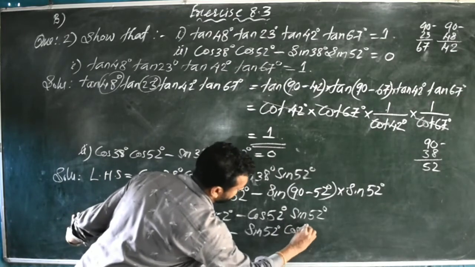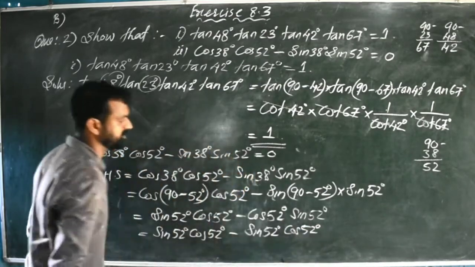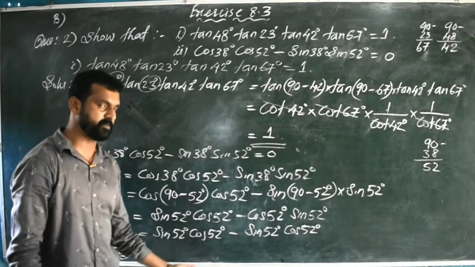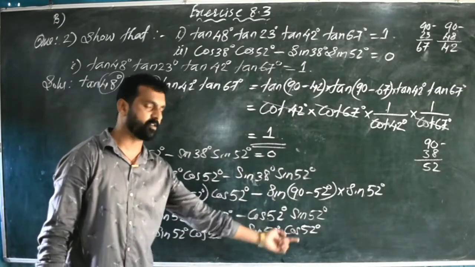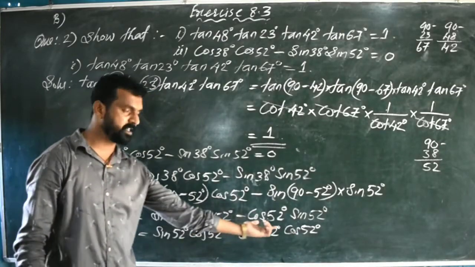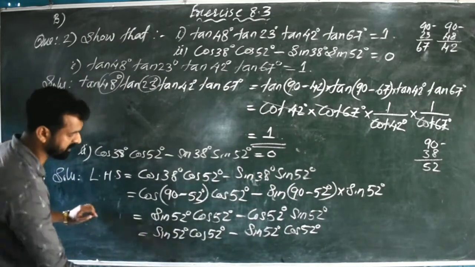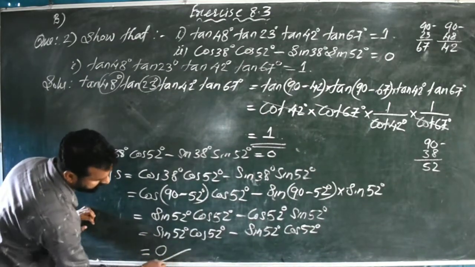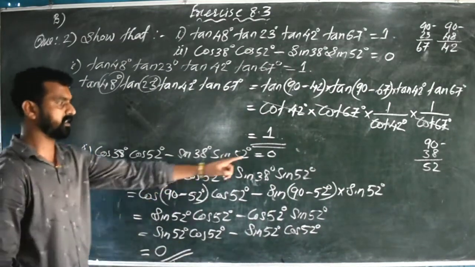Now you see sin 52 cos 52 minus sin 52 cos 52, same numbers we are subtracting, then what will be the answer? Answer will be 0. That is the right hand side, 0.